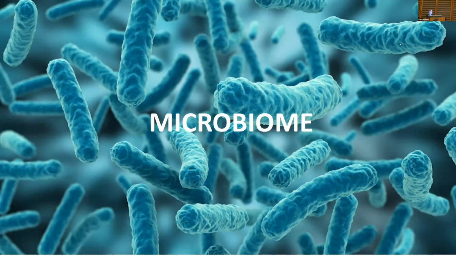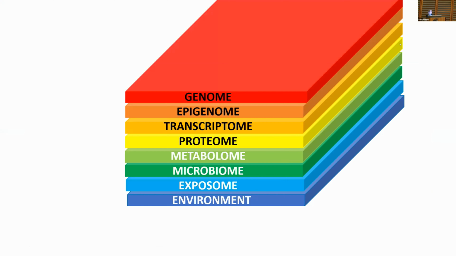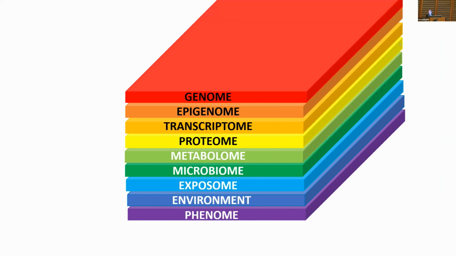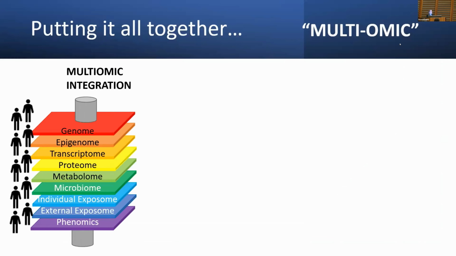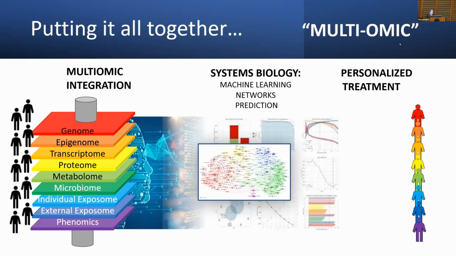The microbiome, the exposome, and finally the phenome. And a lot of what we've discussed is looking at all of these together in some type of integrated framework, where we can then use multi-omic integration with systems biology, machine learning of some sort, to ultimately develop some personalized treatment.